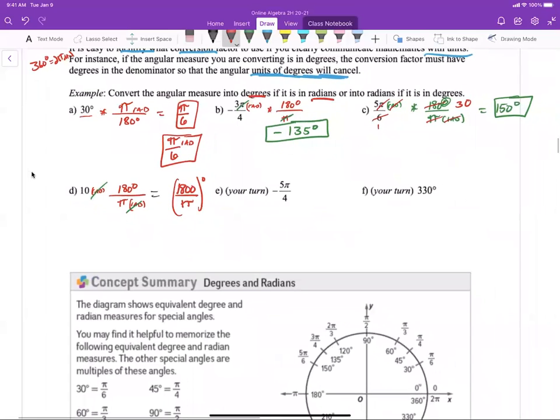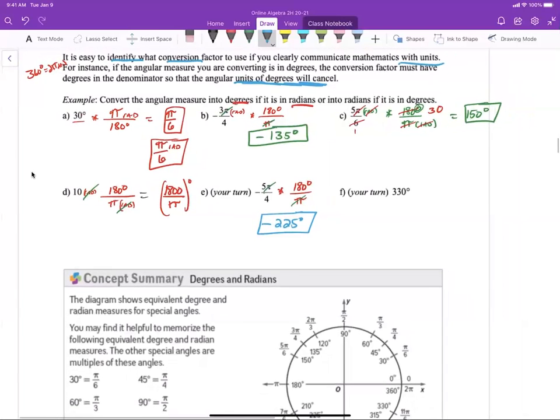Welcome back. So this is in radians, there's no degree symbol. So I'm going to multiply it times 180 degrees up top, my pi radians on the bottom. My pi is going to cancel, and then I will simplify that, and that will give me negative 225 degrees. 360 degrees.